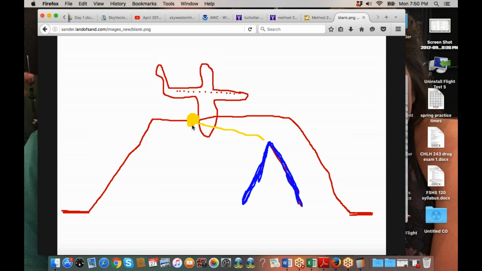So then what we have to do is turn back around and head to an alternate. As long as we can make it to a drift down alternate with 2,000 feet of clearance, 5 miles on either side, then we're good.